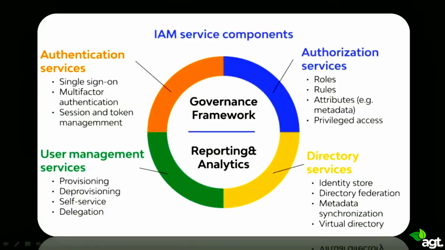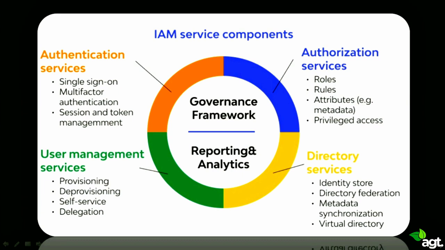So what about the IAM service components that have been merged with the process? Authentication services are based on single sign-on, multi-factor authentication, and session and token management, and authorization services are based on roles, rules, and attributes, for example metadata and privileged access. User management services are connected and merged with provisioning, deprovisioning, self-service, and delegation.